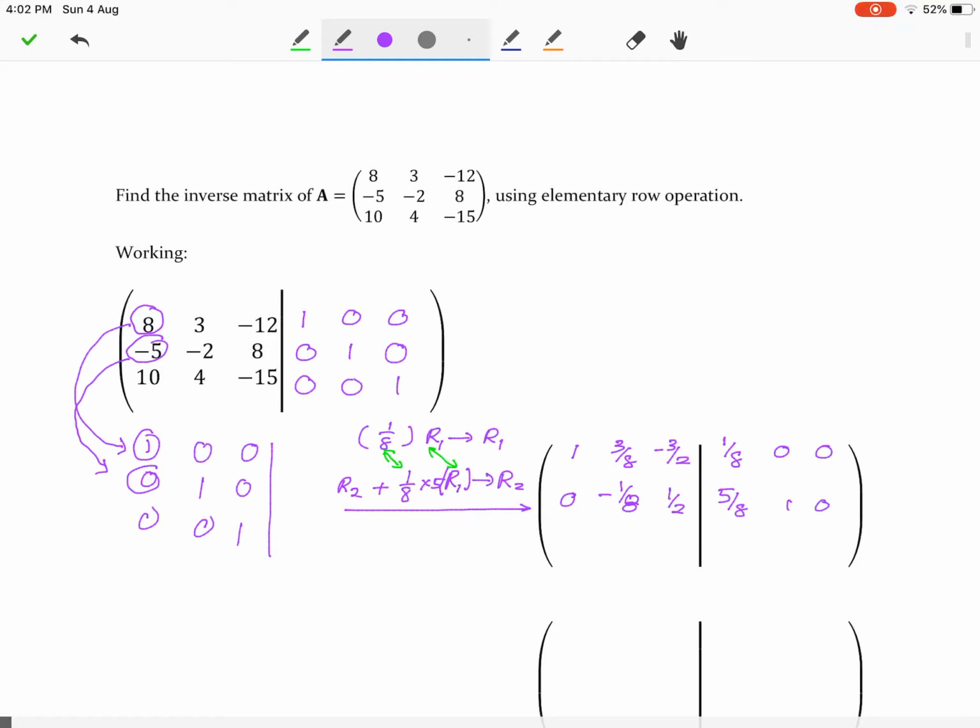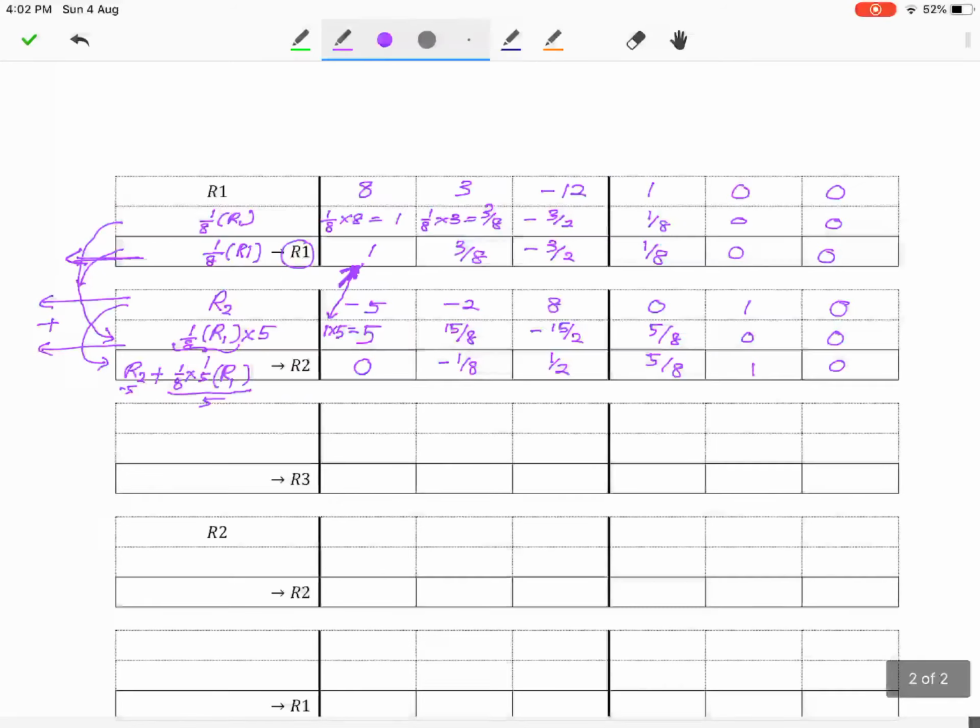So now let's do the third element, which is 10. I'm going to change that into 0 also. So let's copy down the third row. Row 3 is 10, 4, negative 15, 0, 0, 1.